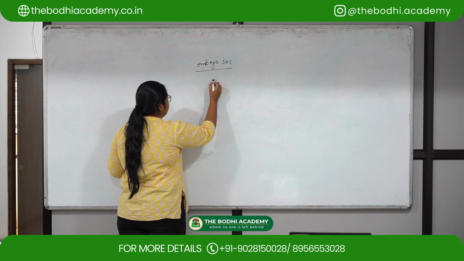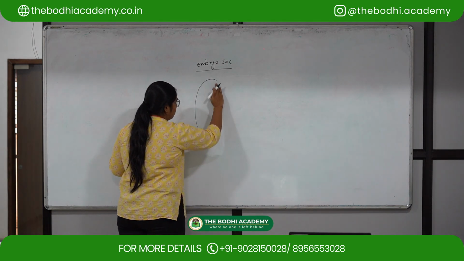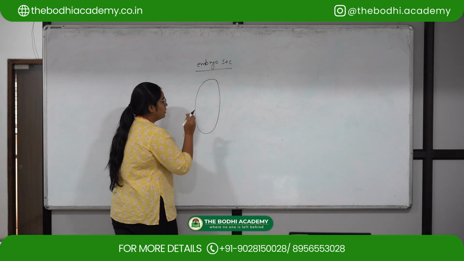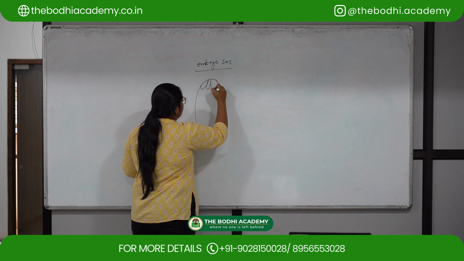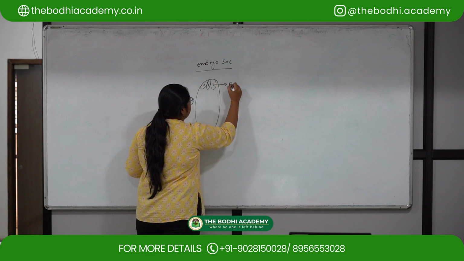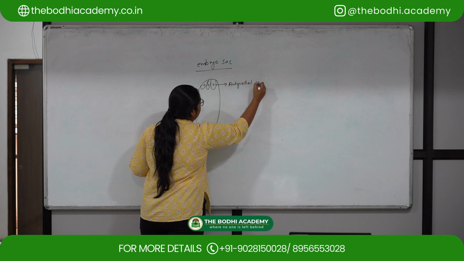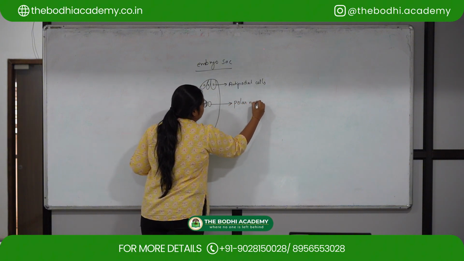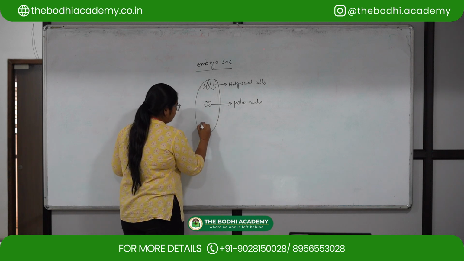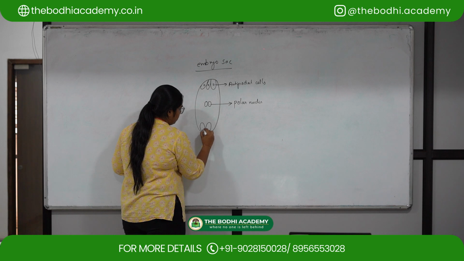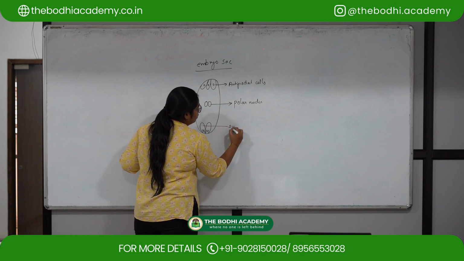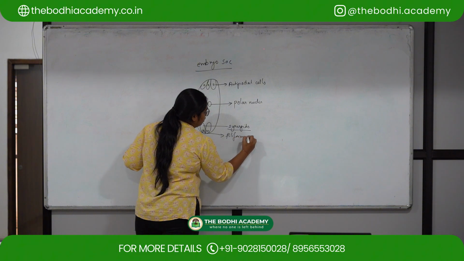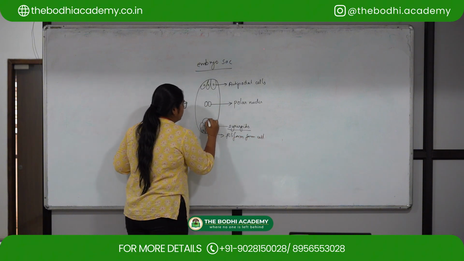So the structure of the embryo sac is: it is an 8-celled structure which consists of 3 antipodal cells, two central nuclei or the polar nuclei, two synergids with the filiform apparatus, and then there is an egg apparatus.